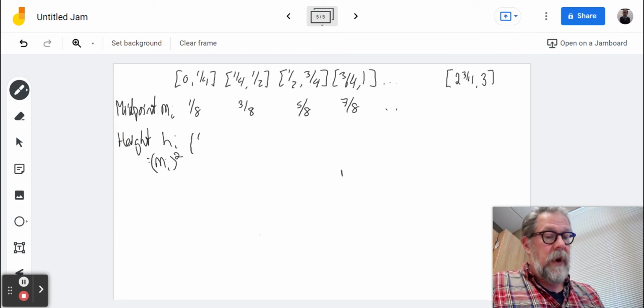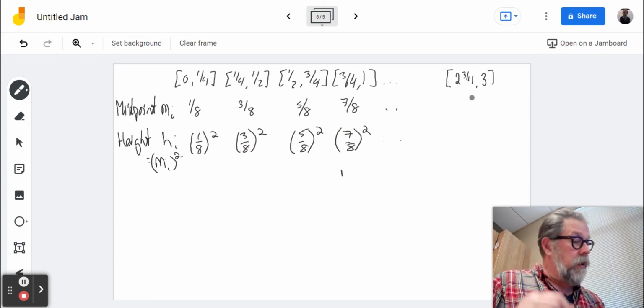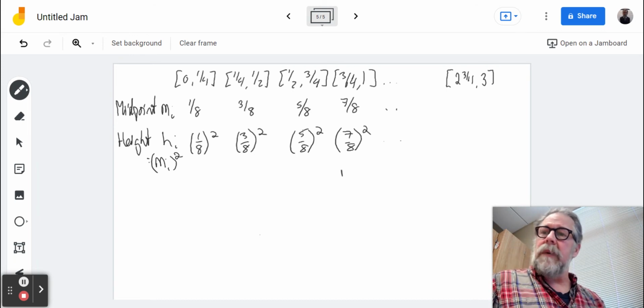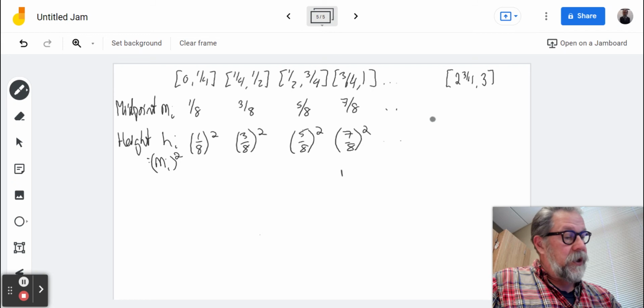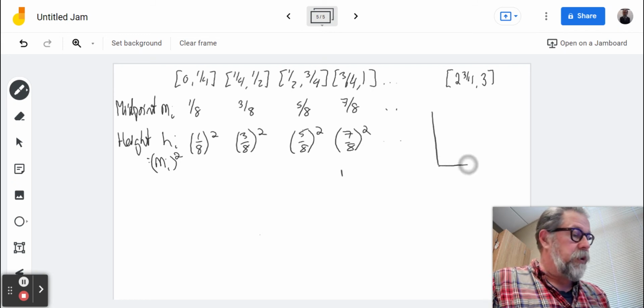So I have a height of 1/8 squared, a height of 3/8 squared, a height of 5/8 squared, a height of 7/8 squared, and so on all the way up to the end of my region.